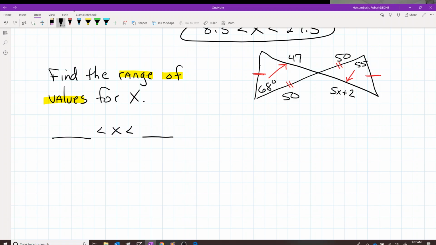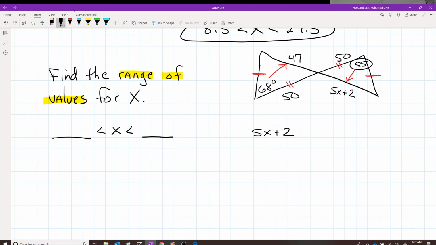So doesn't that make the 5x plus 2, since it's across from a 55, greater than the 68? Or is it less than the 68?